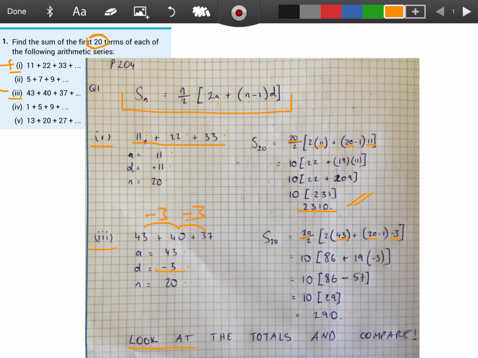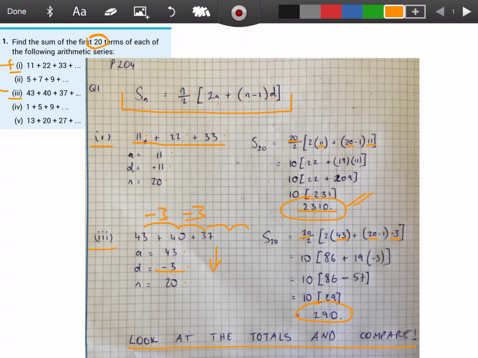Now, I want you to look at the difference. As I said, I've written here, look at the totals and compare. 290 is way lower than what we got in the first one. The reason is that in part 3 the value is going downwards. You can imagine if I carried on for another 10 or 15 terms, I'm going to end up close to 0, or in a negative value.